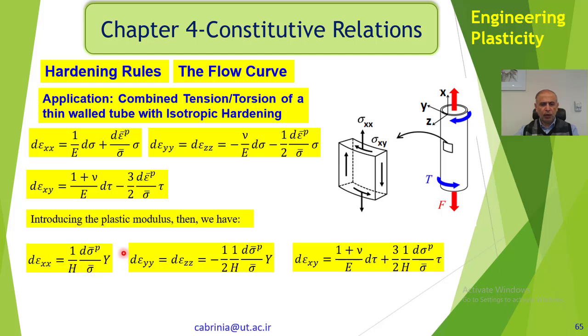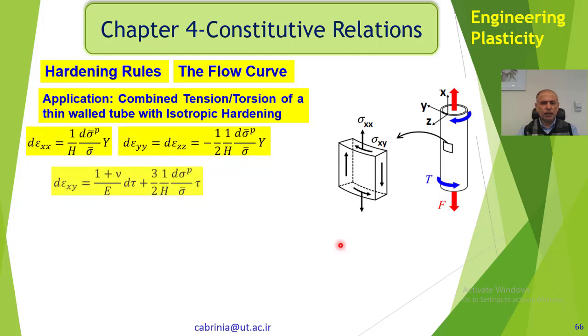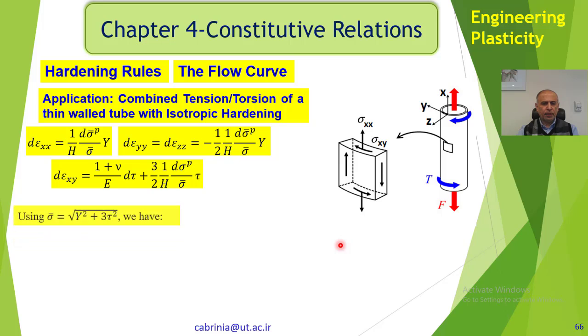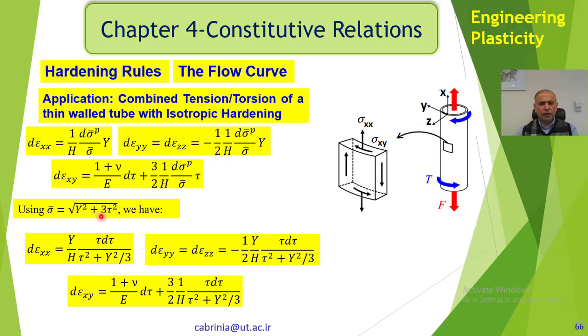This is for where we have gone into the plastic. Here is the initial yield. Here is after we have gone into the plastic region. So we get this relationship, and then using this relationship and using sigma bar equal to the square root of Y squared plus 3 tau squared.